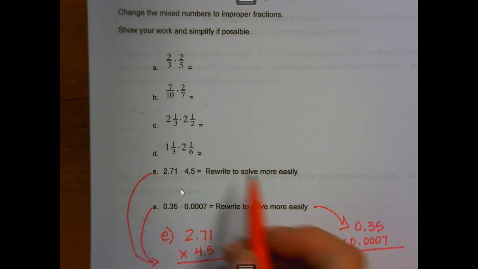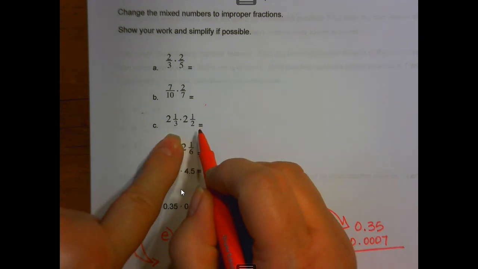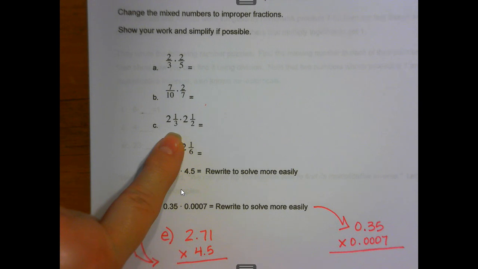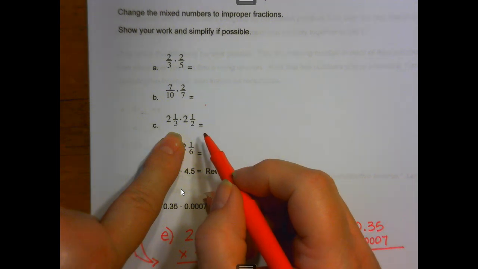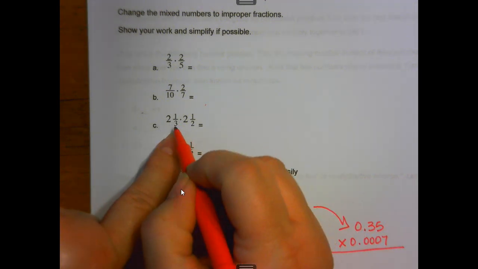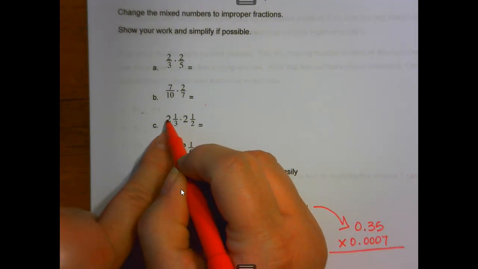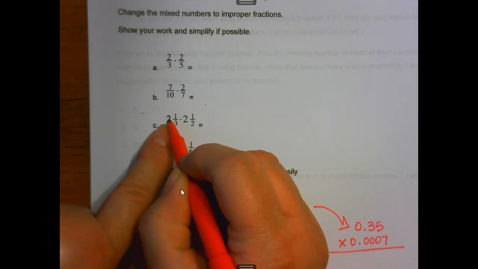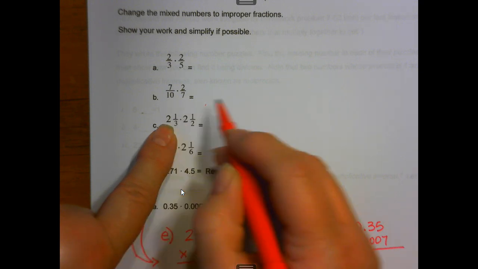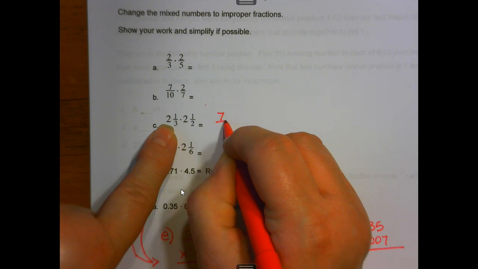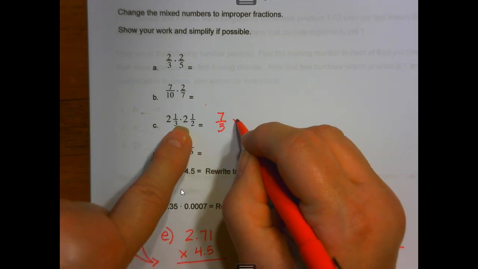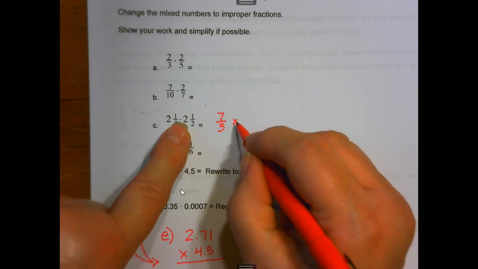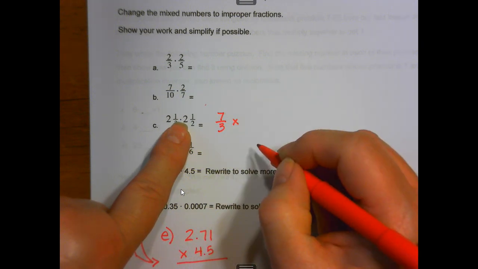And then I'm going to show you how we would go ahead and change this into a multiplication problem where the fractions both are improper or top-heavy fractions. So I'm going to do 3 times 2 gives me 6. 6 plus 1 gives me 7. And then I'm going to multiply, because that dot also means multiply the way this symbol does.